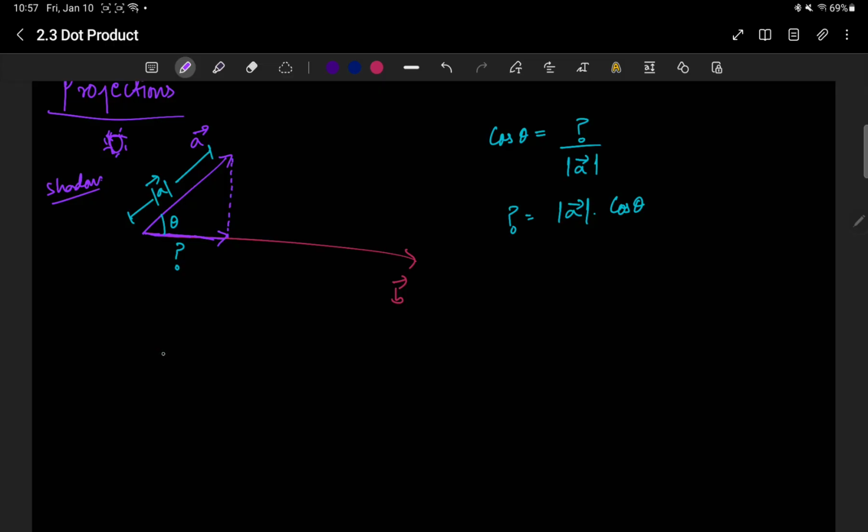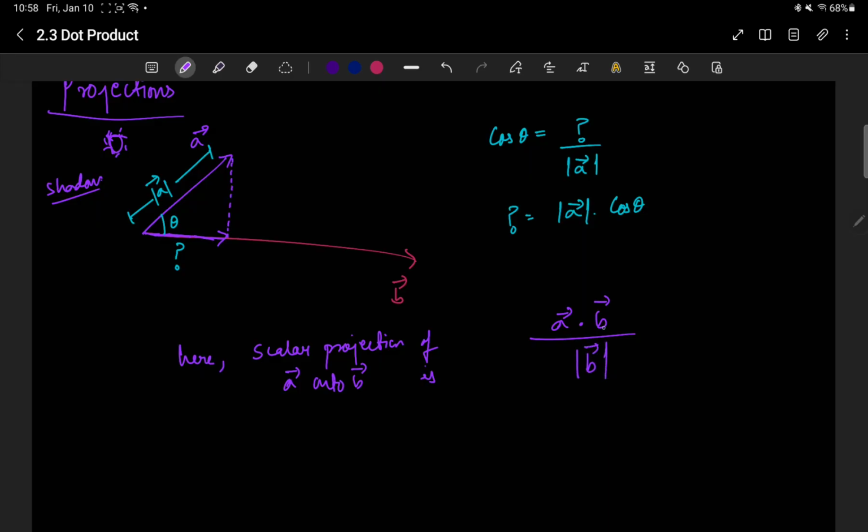So here, the scalar projection of A onto B is A dot B, and I will divide it by the magnitude of B. Why is that?